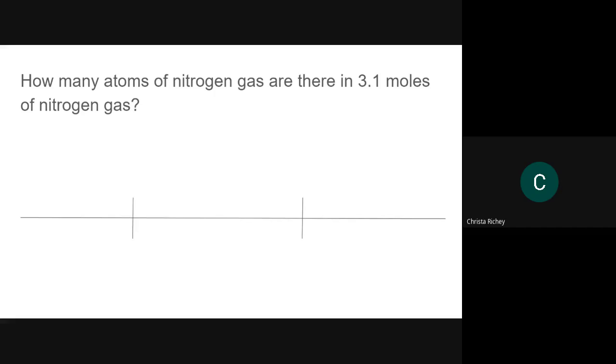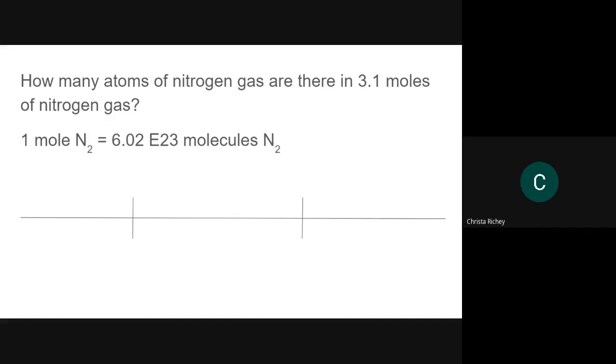All right, how many atoms of nitrogen gas are there in 3.1 moles of nitrogen gas? I can't go directly from moles to atoms because nitrogen gas is N2. I know that a mole of nitrogen gas has that many molecules, but how many atoms are in nitrogen gas? One molecule of nitrogen gas has how many nitrogens in it?